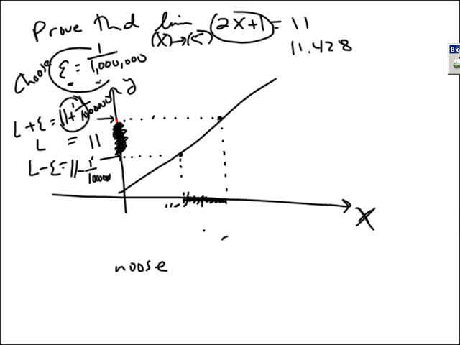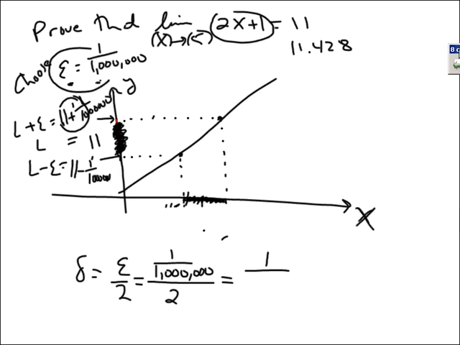Maybe the y value can't be in between those two numbers if x is close enough to 5. So we know that delta is epsilon over 2. Well, we're letting epsilon be 1/1,000,000. Divide that by 2, I get 1 over 2 million.